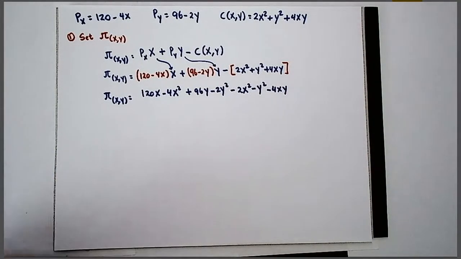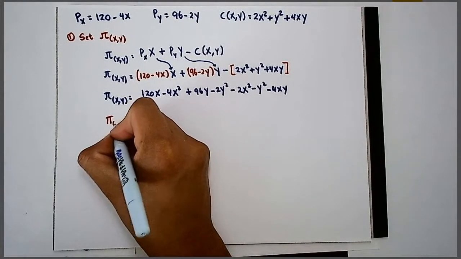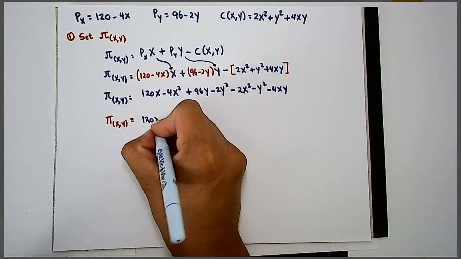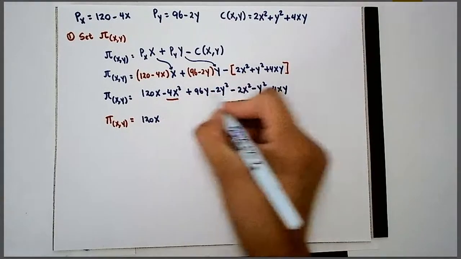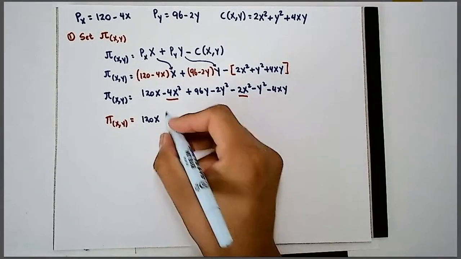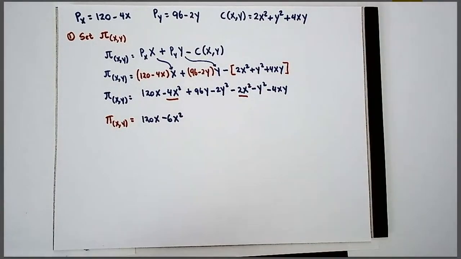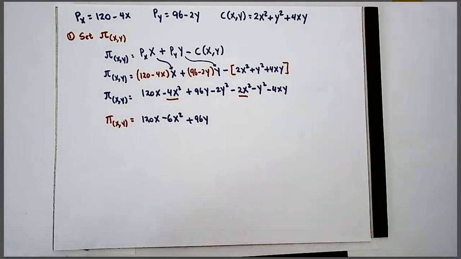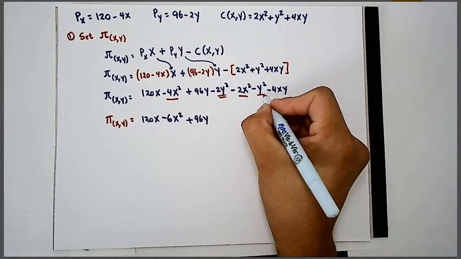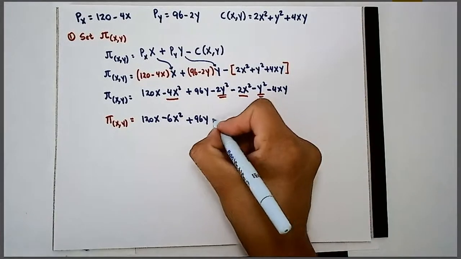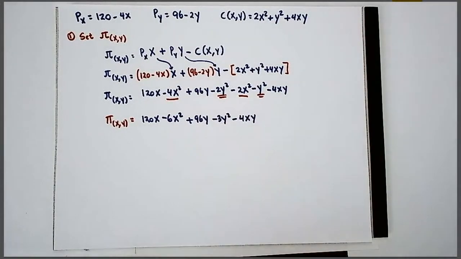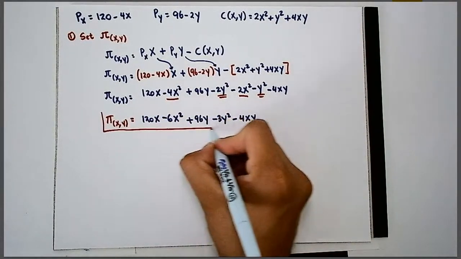Simplifying, we obtain 120x, and then we have here minus 6x squared, then plus 96y, and minus 3y squared minus 4xy. So this is our profit function.